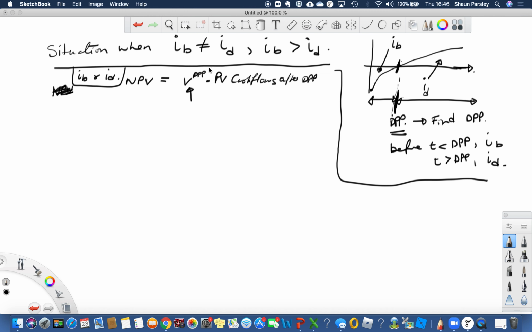They're already at zero. So these are the only ones that contribute to the profitability. So here, this is the period we're going from the DPP back to 0. So that V is at IB, and this one is at ID, because that's after that point in time.